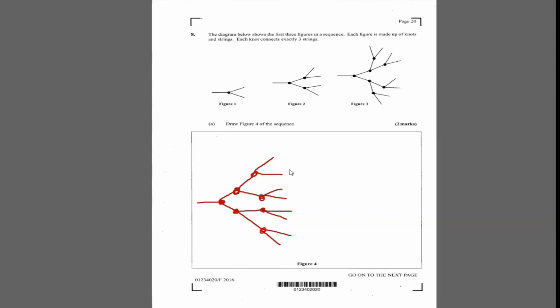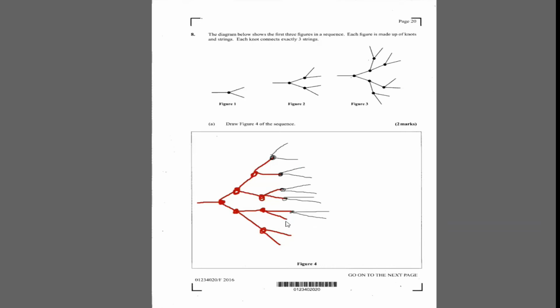So for figure 4, I'm going to put it in black. You put on black here, then you go 1, 2. You put on 1 more here, and you go 1, 2. You do the same here, 1, 2.